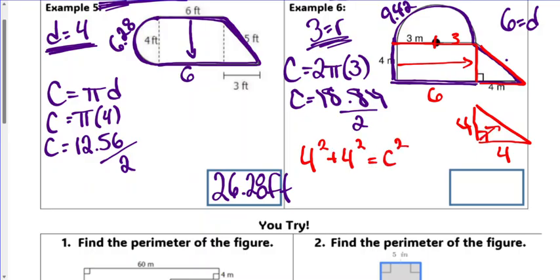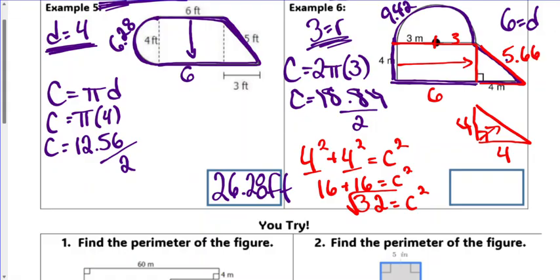I'm looking for the longest side in that right triangle. So I'm going to do a squared plus b squared, get 16 plus 16, which equals 32. And then we take the square root of 32 and find out that that missing side is 5.66. And those are all of my missing sides.